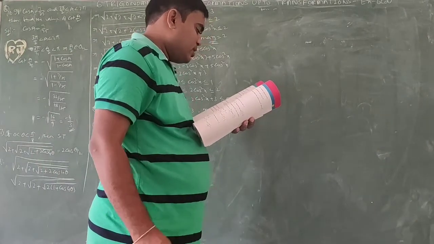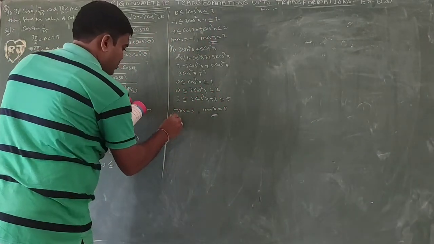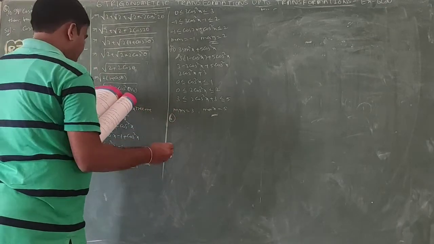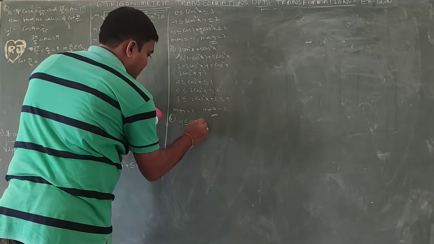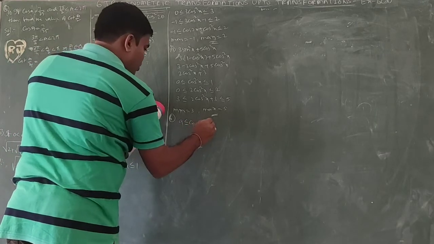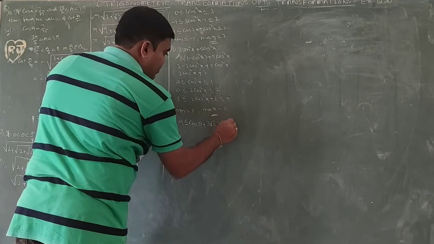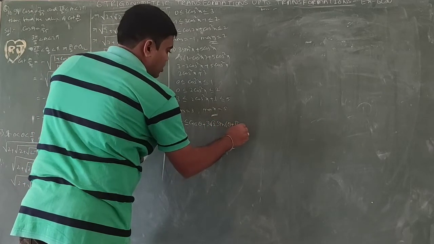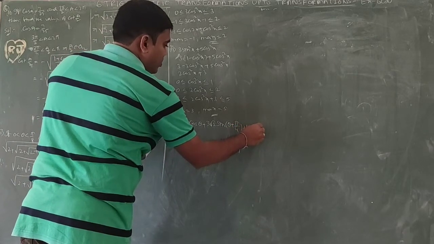So next question is 6th. a less than or equal to cos theta plus 3 root 2 sin theta plus 5 by 4 plus 6 less than or equal to b.